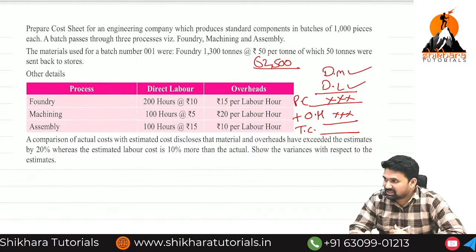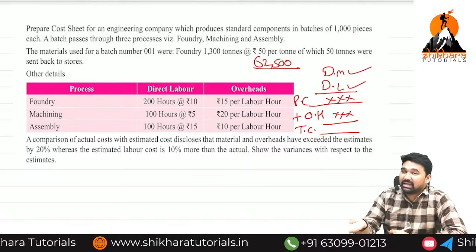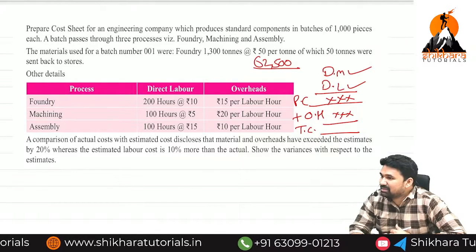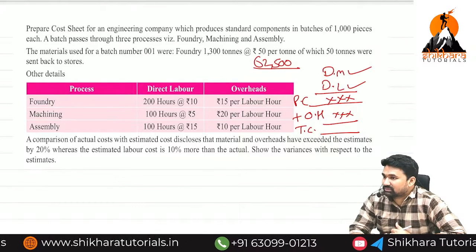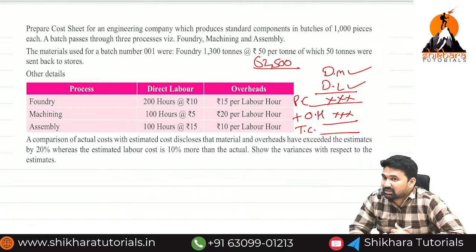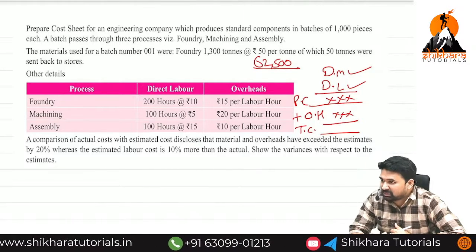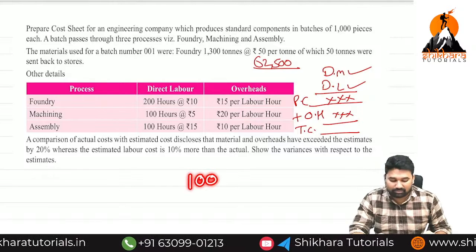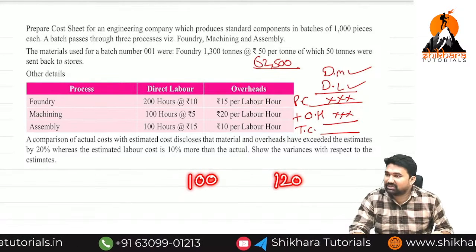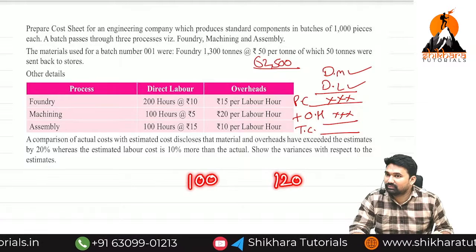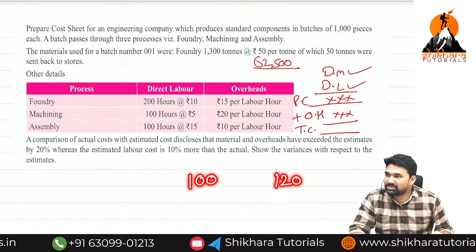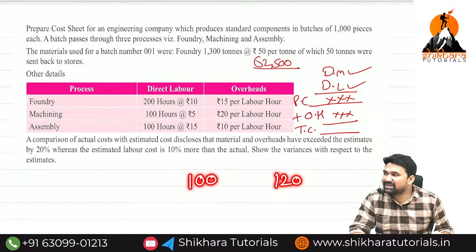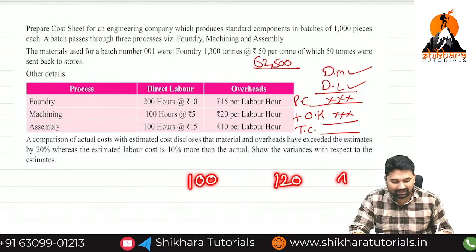Exceeded means crossed. That means you estimated 100, but the actual is 120. Is it a profitable situation or loss situation? Loss situation. We will denote it with A.